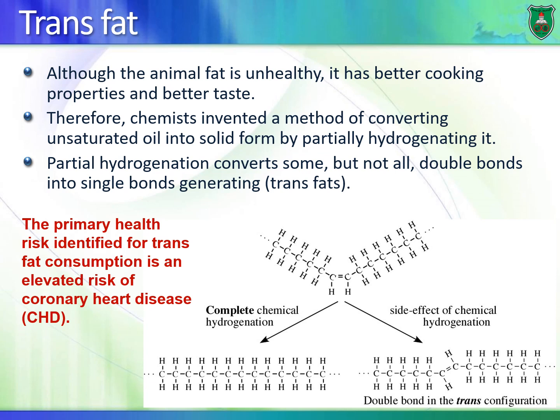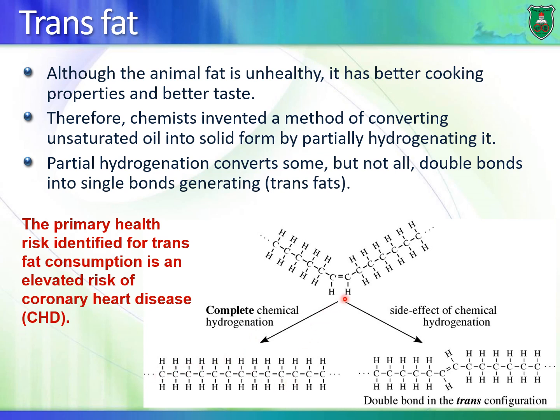The process is basically to convert polyunsaturated fatty acids to monounsaturated fatty acids, so they can convert these oils into semi-solid products. Except that the problem is that during this process, there is conversion of the cis double bond into a trans double bond. If you have complete hydrogenation, you would have fully saturated fatty acids.